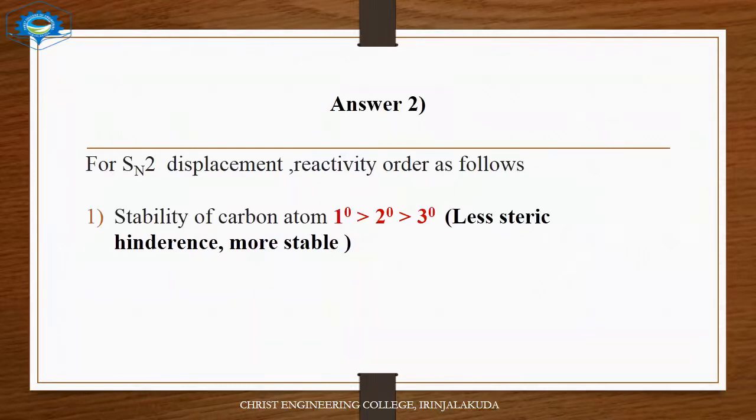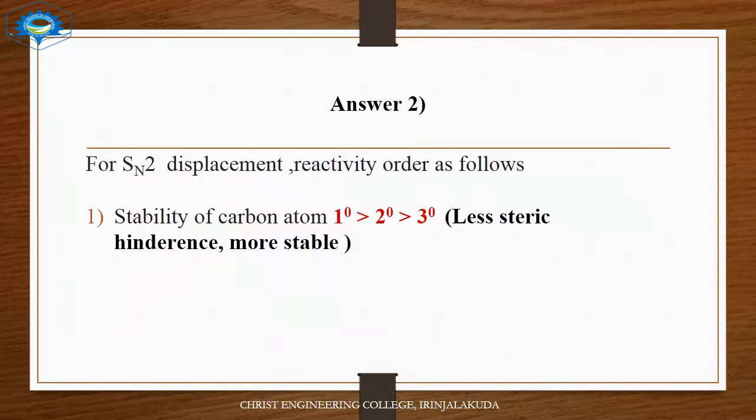In secondary, it is connected to two other groups, so there is more steric hindrance than primary. Then tertiary is connected to three other groups, so there is more steric hindrance. As steric hindrance increases, reactivity decreases. So primary is more reactive than secondary, which is more reactive than tertiary.